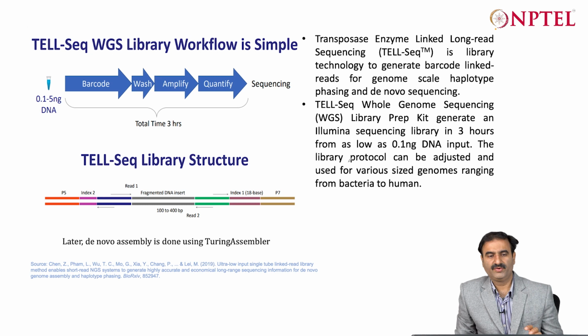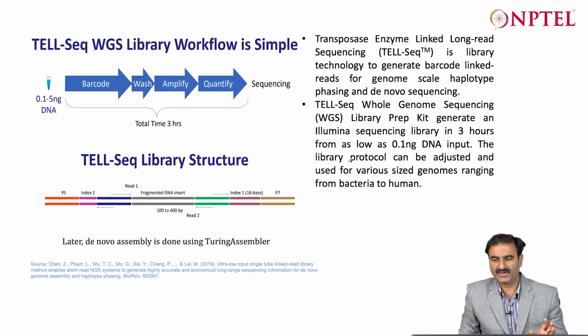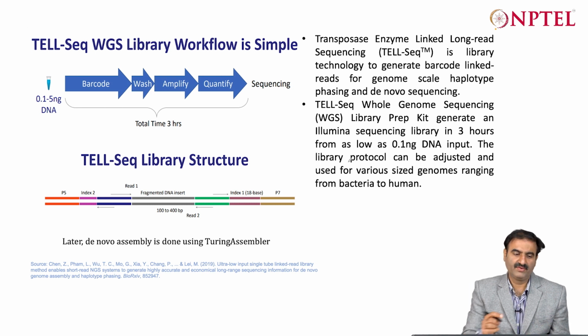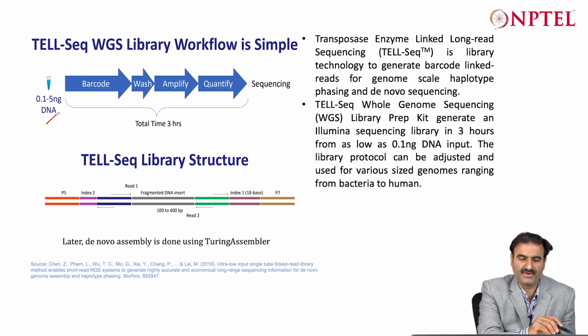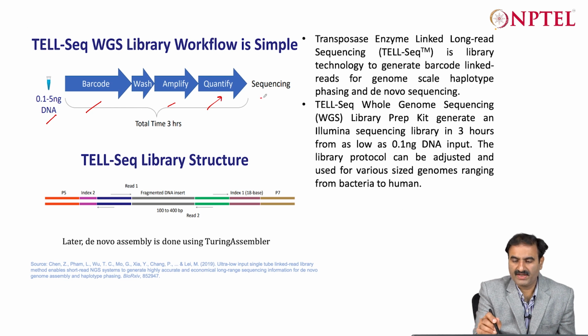So the transposase enzyme linked long read sequencing, or Tell-Seq, generates barcoded linked reads for genome scale haplotype phasing and de novo sequencing. You start with a very small amount of DNA which is barcoded and amplified, and then after the quantification and library checks, it can go for sequencing.